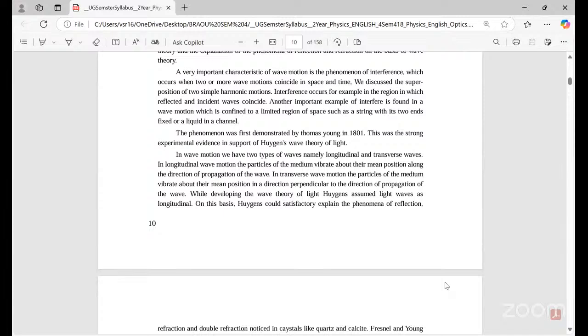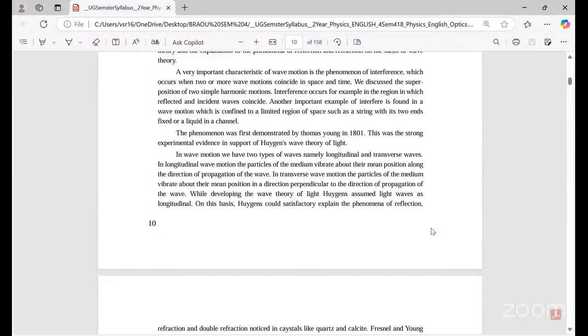Parallel to the direction of propagation means longitudinal, and perpendicular means transverse wave. So by developing the Huygens wave theory, he assumed that the light waves are longitudinal, isn't it?